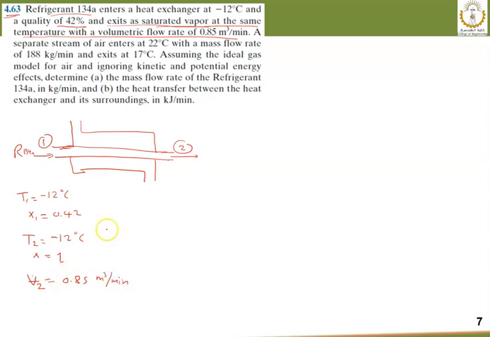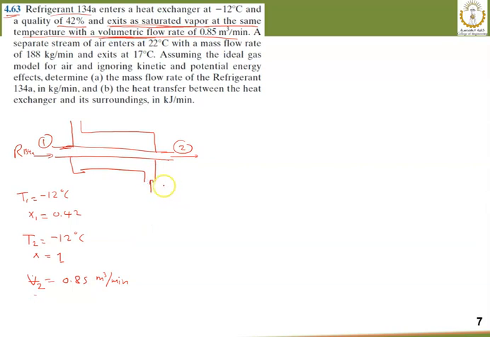You should be careful with the volumetric flow rate, because if you have a compressible substance, then we need to know where this flow rate is. Is it at the inlet or the outlet? Here it says it exits a saturated vapor at the same temperature with a volumetric flow rate. So this is at the exit. So this is for the refrigerant.